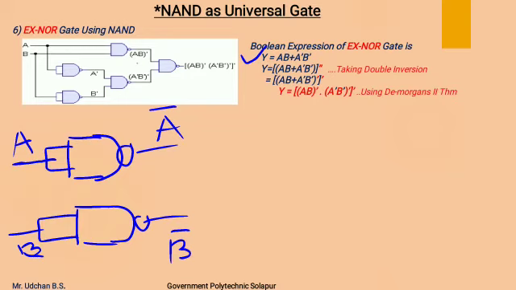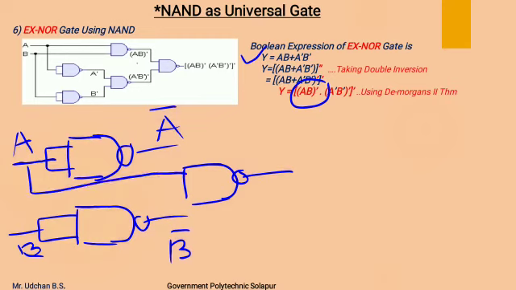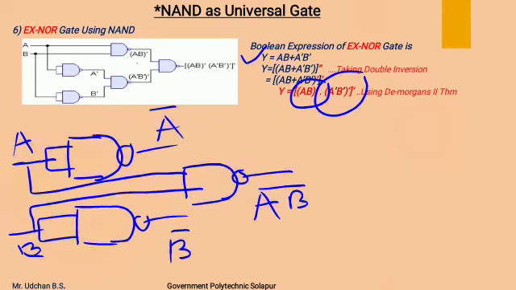Now the first term in our equation is A B complement. I can get that using one NAND gate. I will draw that NAND gate over here. I will connect this A to this and this B to this, which will give you A B complement. Now the second term in our equation is A complement B complement and its complement.